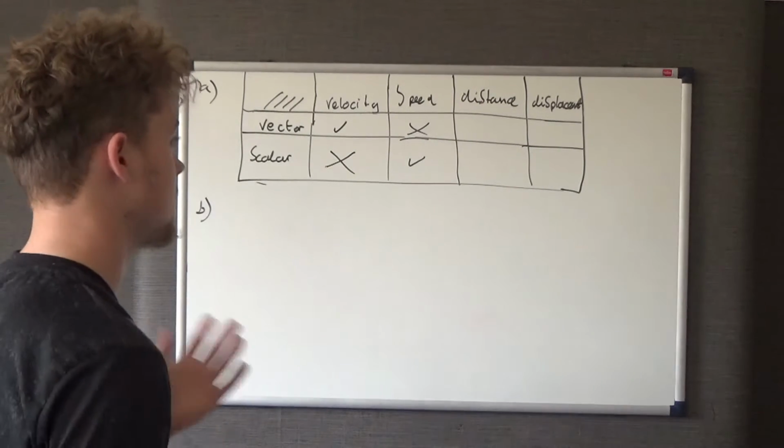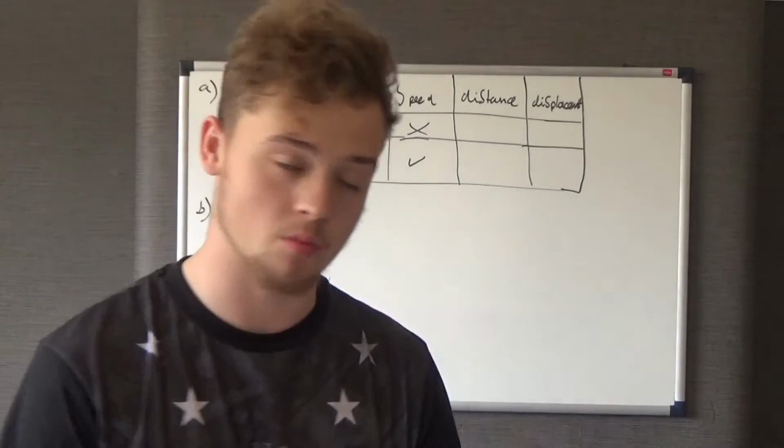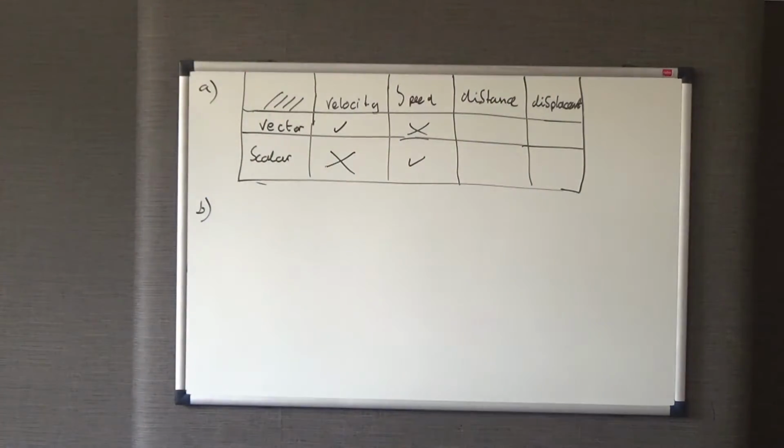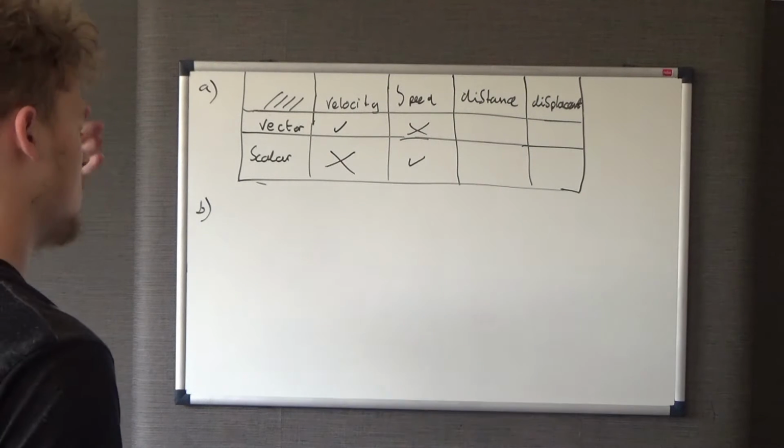In a similar way, distance and displacement are related. One will be a vector, and the other will be a scalar. Is distance just a magnitude, or is it given with direction as well?